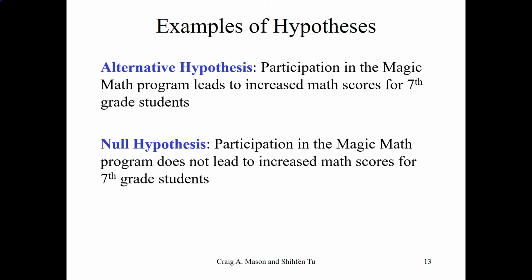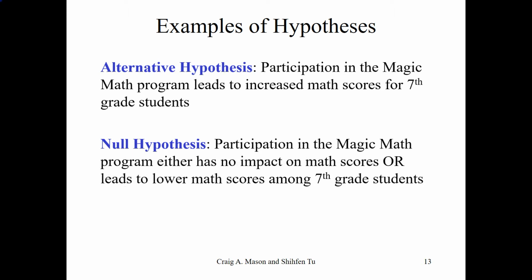Notice that there are other ways this could be worded, but it always covers all of the other possible outcomes. For example, another way of basically saying the same null hypothesis would be participation in the magic math program either has no impact on math scores or leads to lower math scores among 7th grade students.